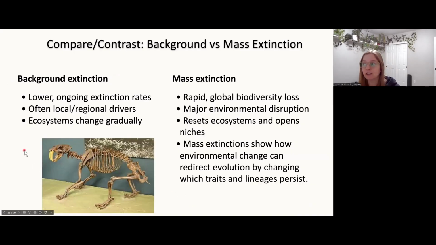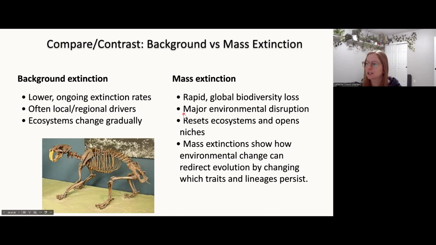The catastrophic events are what cause mass extinctions. So these are rapid and they are global. In background extinctions, these can be local and it can be driven regionally. Like if I had an earthquake or a single tsunami, those could cause background extinction. The ecosystem bounces back gradually.